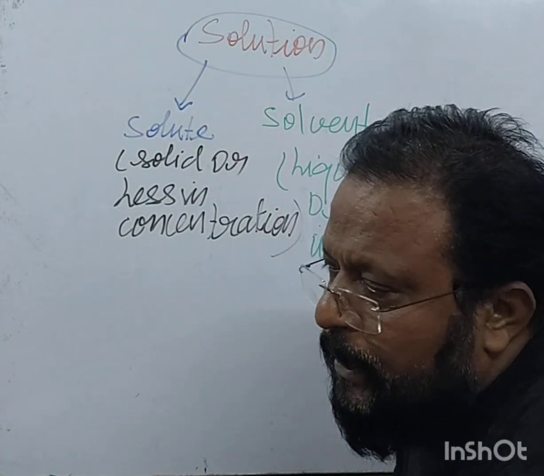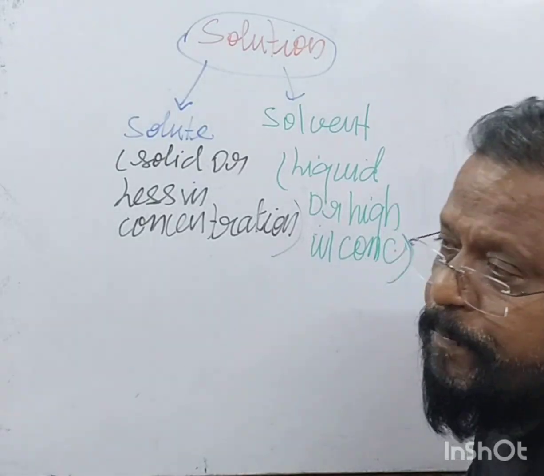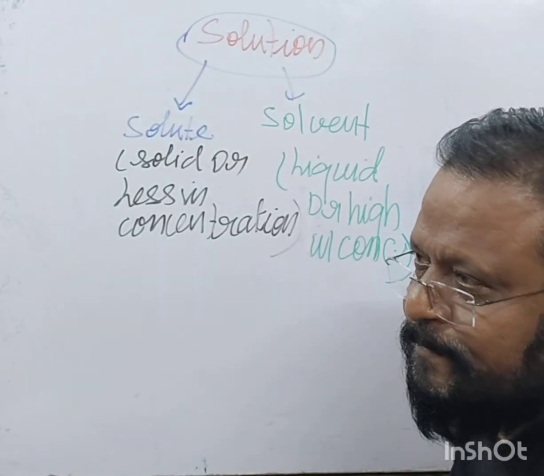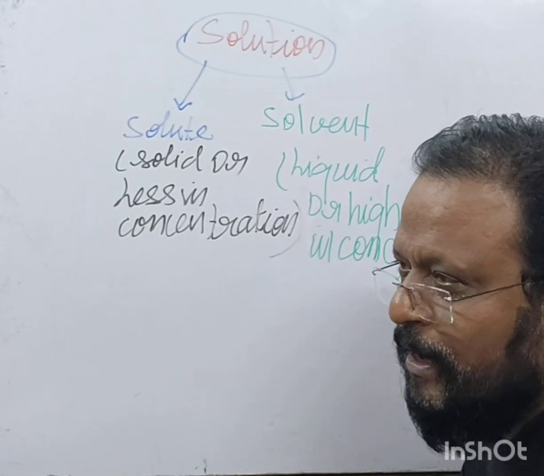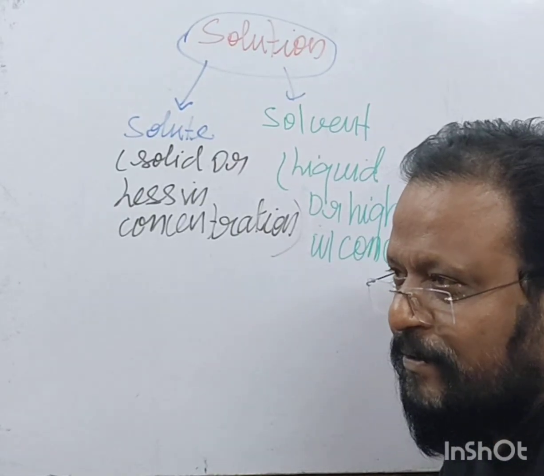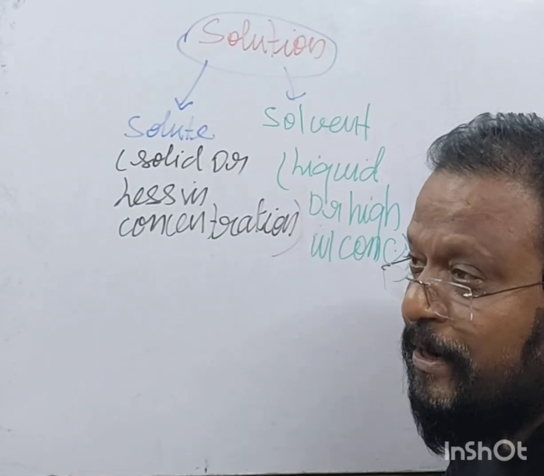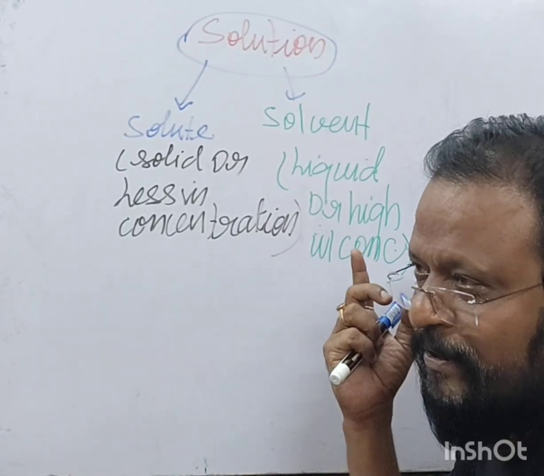Like if we presume that air is a solution, right? So oxygen is what in that? It is a solute, because we have 70% nitrogen. So nitrogen is a solvent.